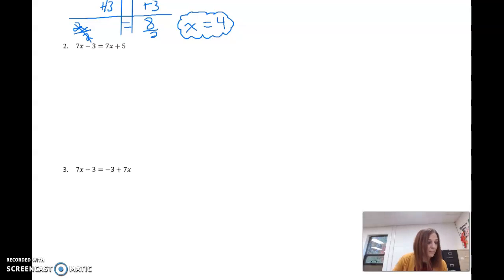So let's start by, again, rewriting it as an addition problem. So we have 7x plus a negative 3. Subtracting is the same thing as adding the opposite, or I'll say keep, change, change. And that's going to equal 7x plus 5.